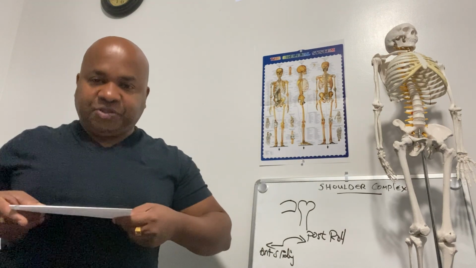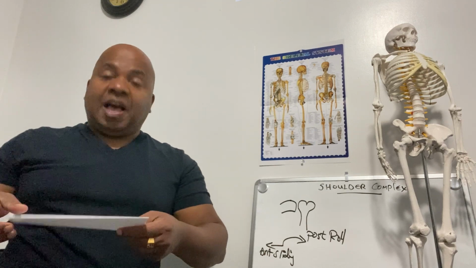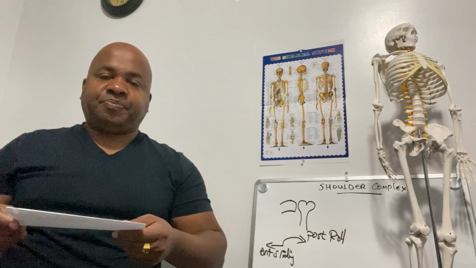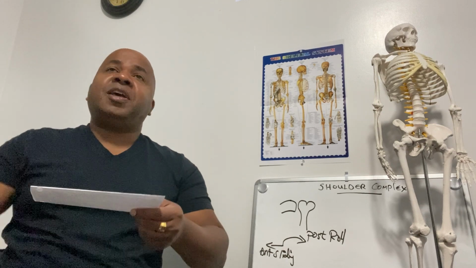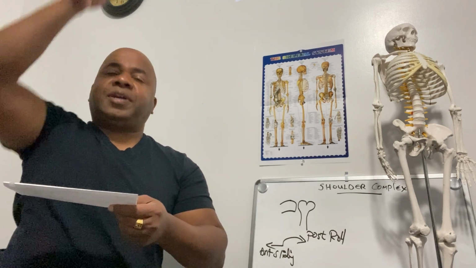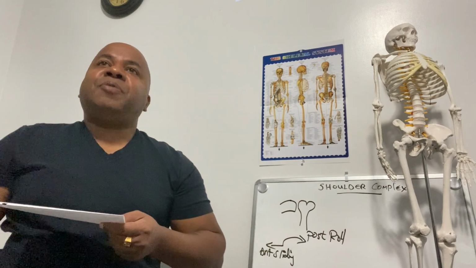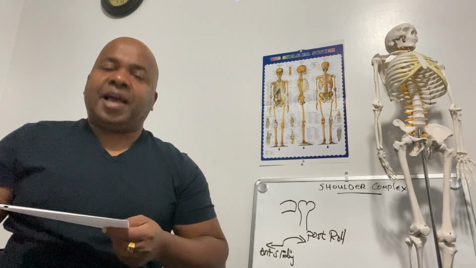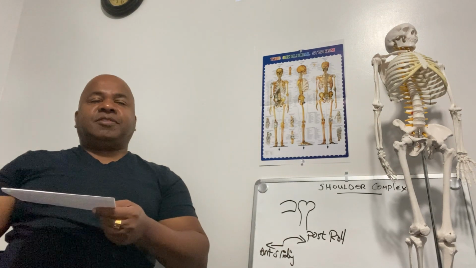How should the axis be in the transverse plane? The axis should be a vertical or the longitudinal axis.